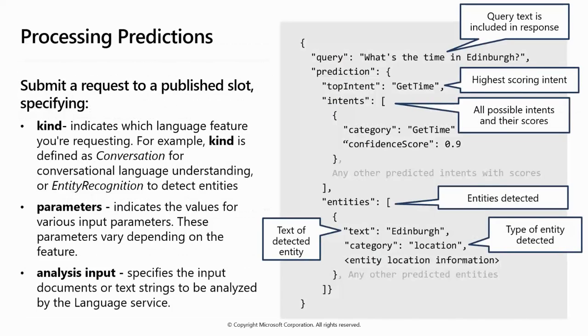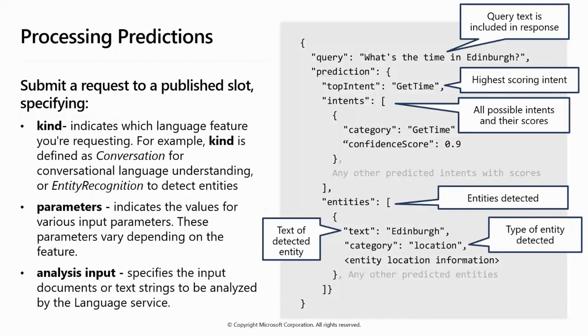The kind tells us what kind of language feature you want. For instance, the kind is defined as conversation for understanding conversational language, or entity recognition for recognizing entities.